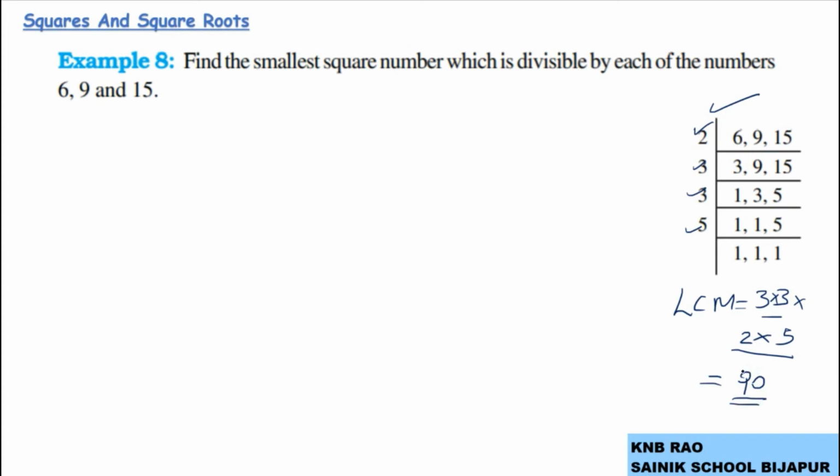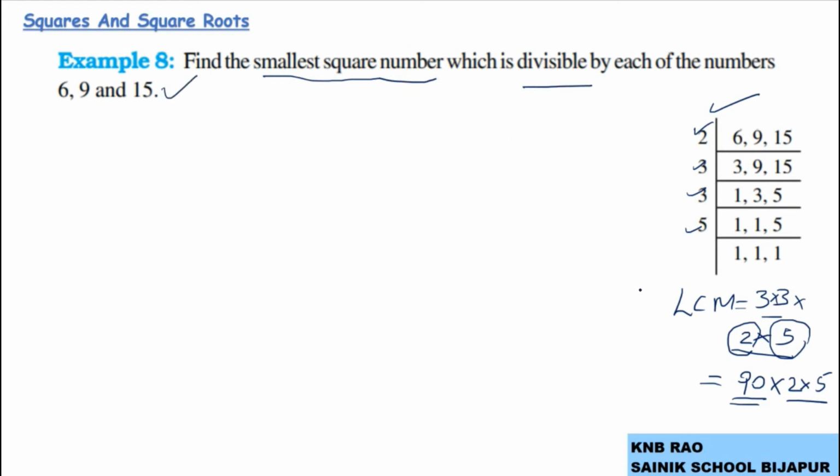To make it a perfect square, we need one more 2 and one more 5. That means this is to be multiplied by 2 and 5, which is going to be the answer for our question.